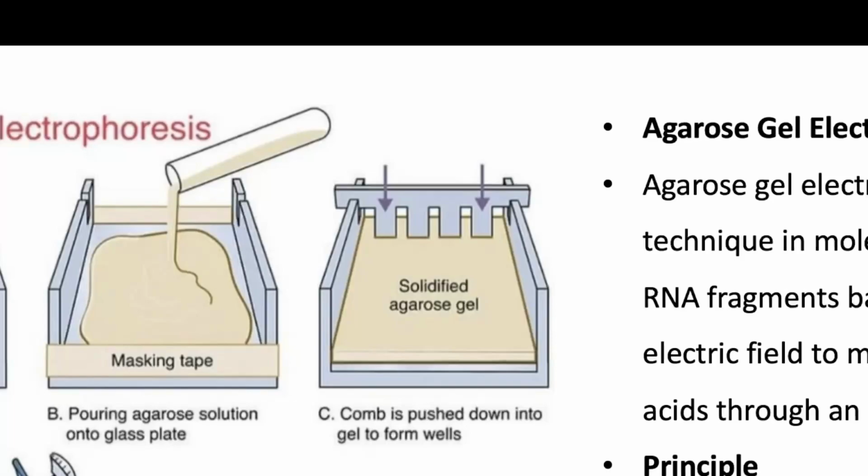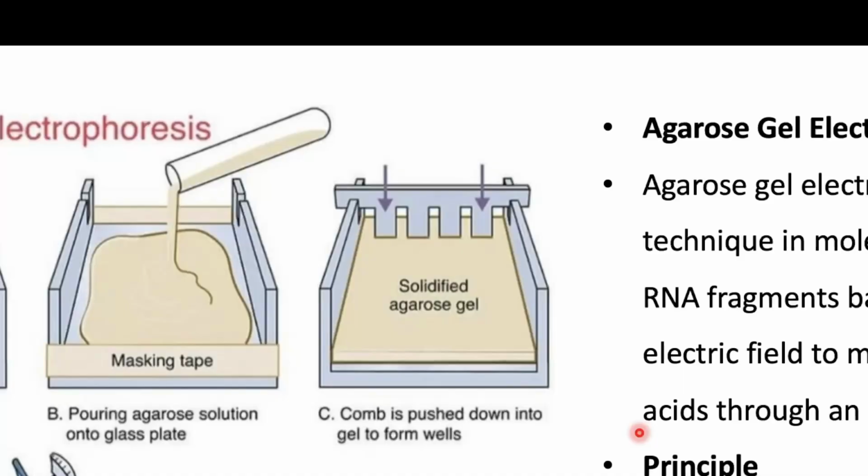Now agarose is a substance which is solid at room temperature but liquid at higher temperature. When you melt agarose it can be a gel-like substance. And the principle is agarose creates a porous surface through which DNA and RNA can have a sieving effect. It can move through the porous gel.